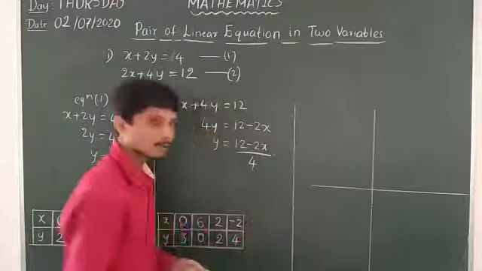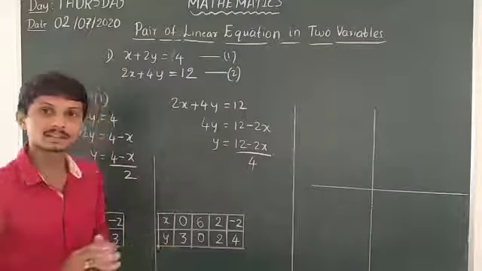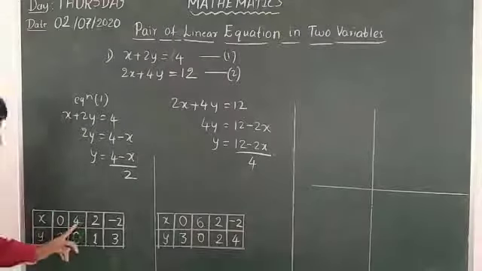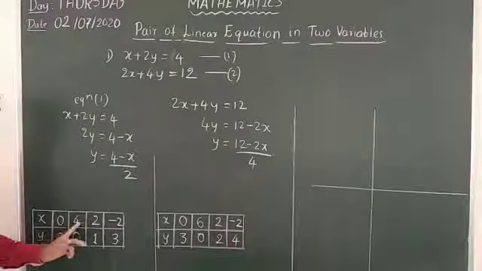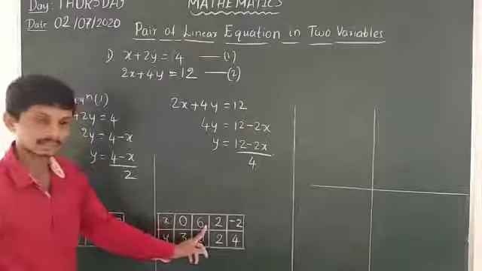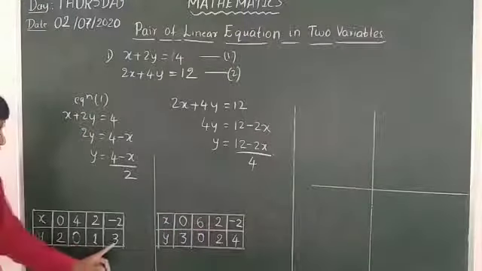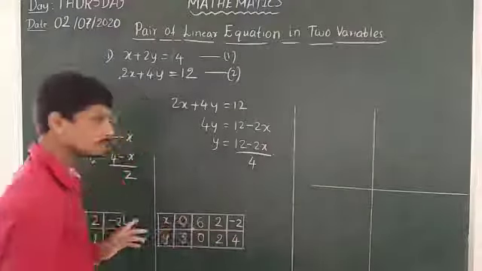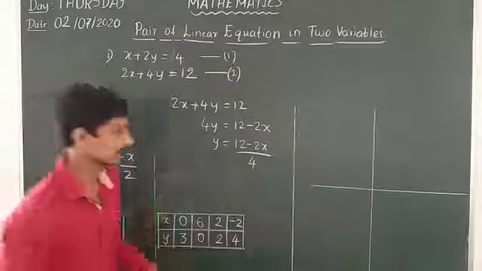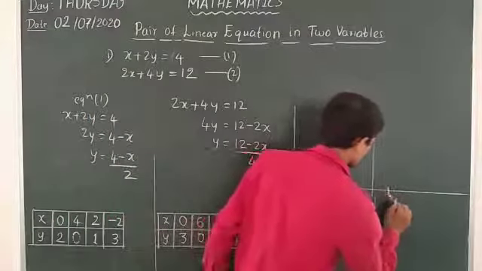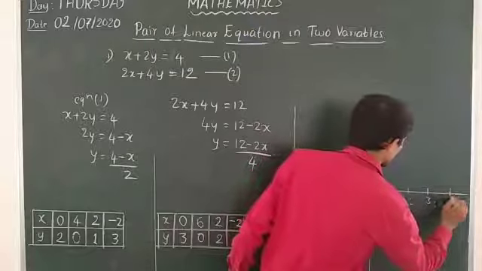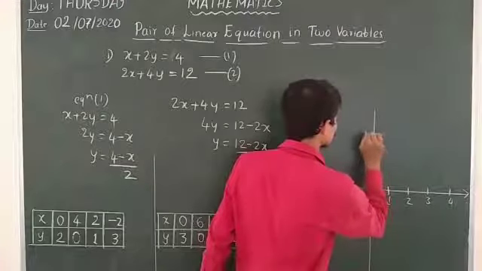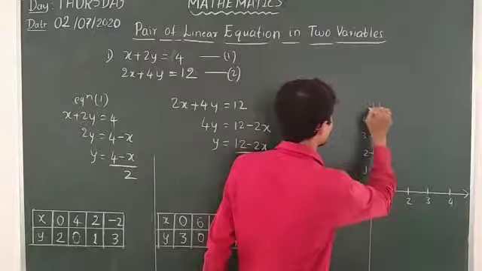So from the 4 values we have to represent it in a coordinate system. In the x coordinate the maximum value is 6, and in the y coordinate the maximum value is 3 here and 4 here. So we have to take those values. Here I will take 1, 2, 3 and 4, and here 1, 2, 3, 4, 5.